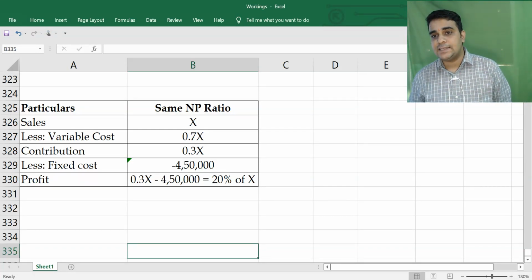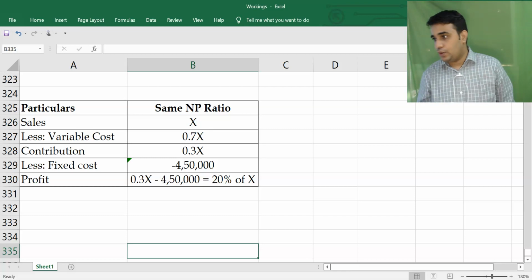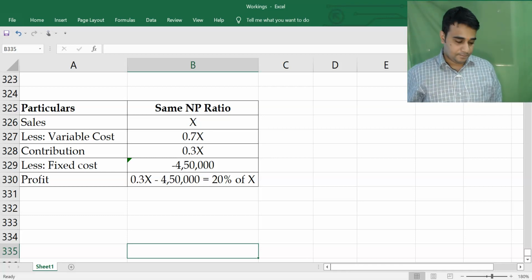0.3x minus 4,50,000 is equal to 20% of X, where X is the sales.